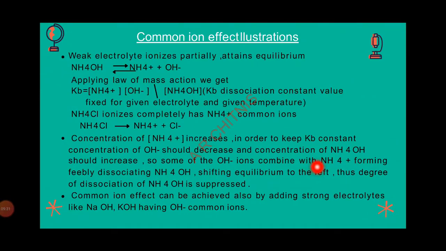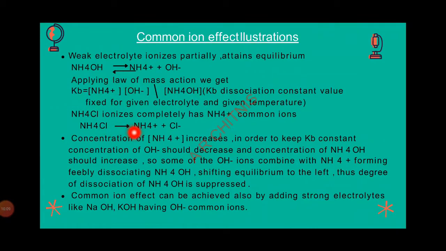So some of the NH4 plus ions are going to combine with OH minus ions to form undissociated NH4OH. OH minus should decrease and the concentration of NH4OH should increase. So OH minus ions combine with NH4 plus, forming feebly dissociating NH4OH, shifting the equilibrium to the left.